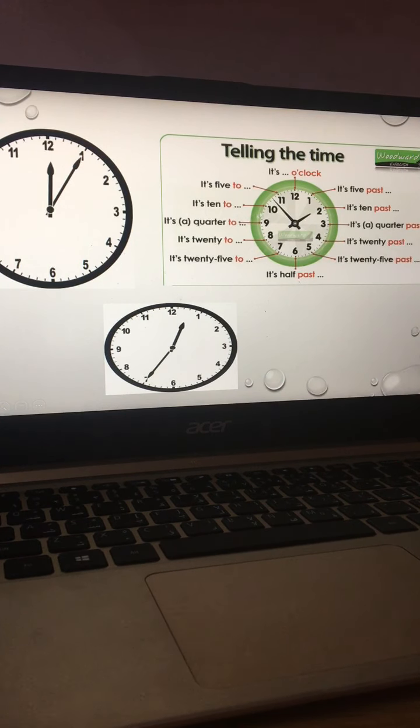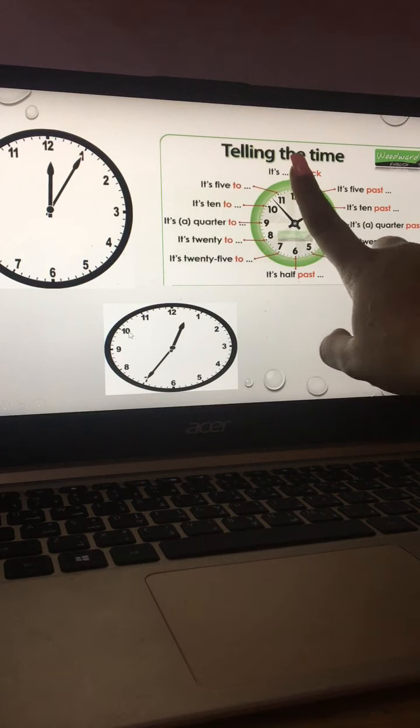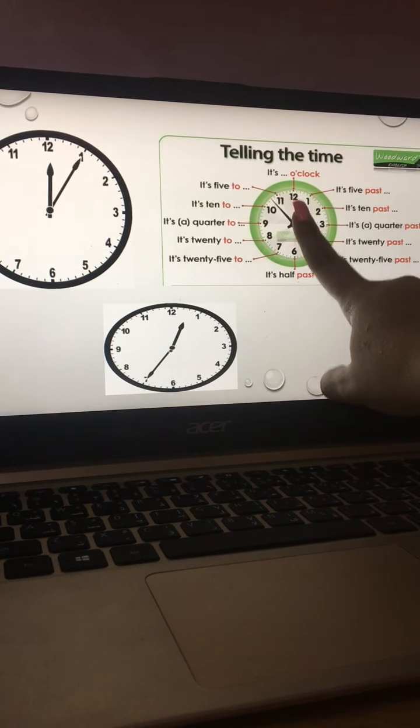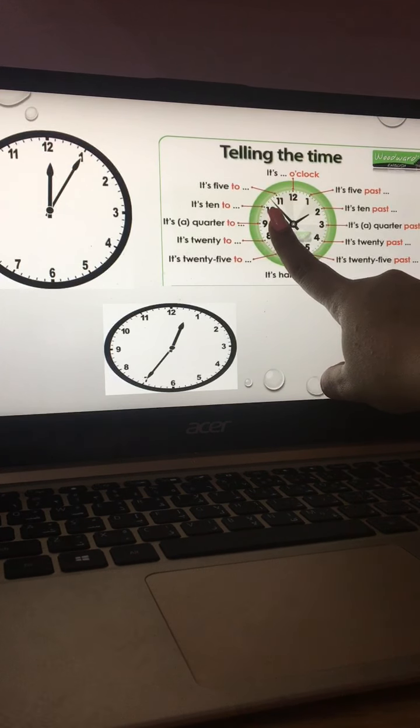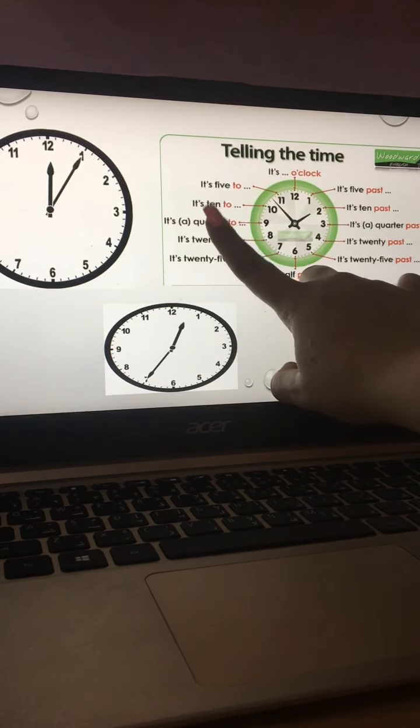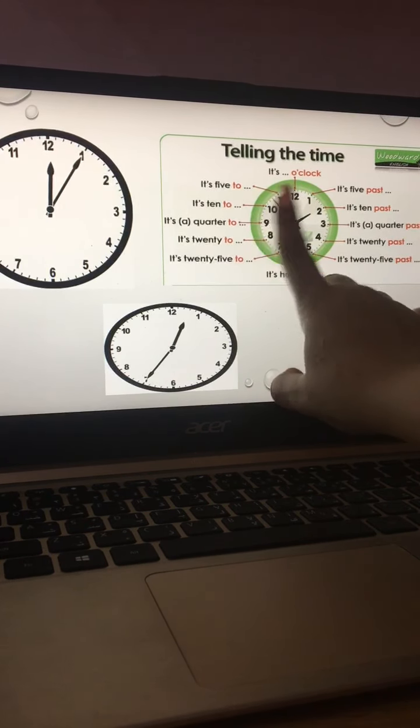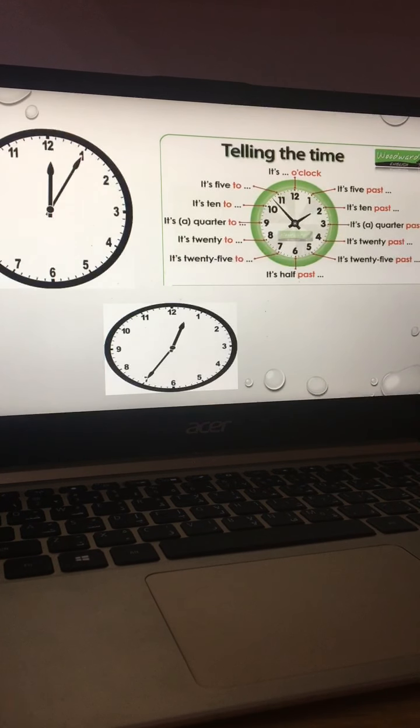Okay. What if the minute hand points to 10? We are going to count also by 5, but from here, from the 12. 5, 10, okay, so 10 minutes, so it's 10 to 1, the hour.